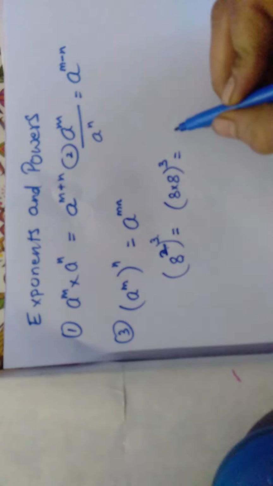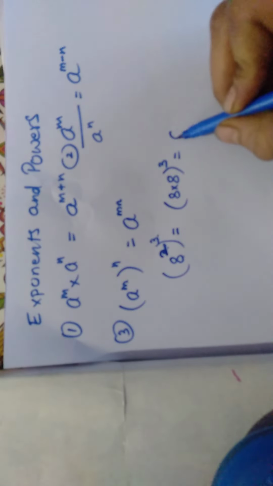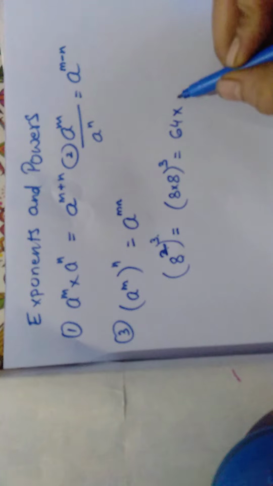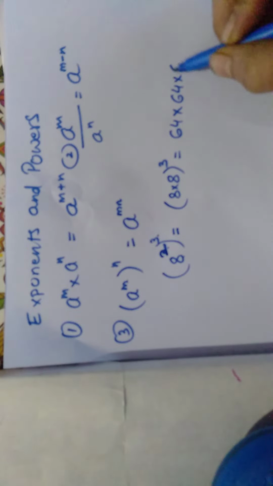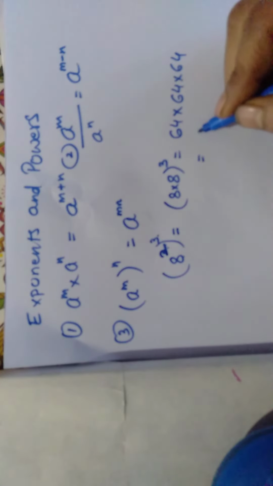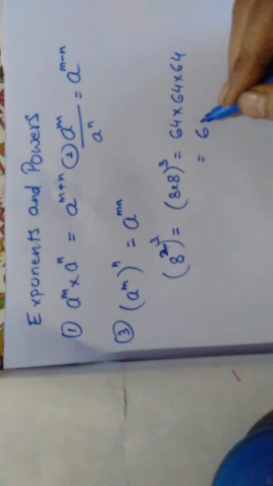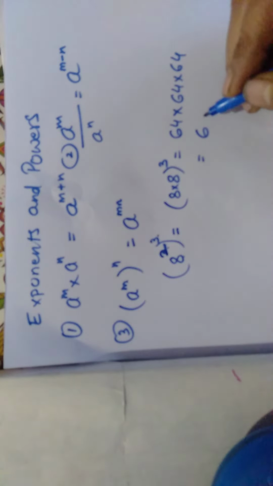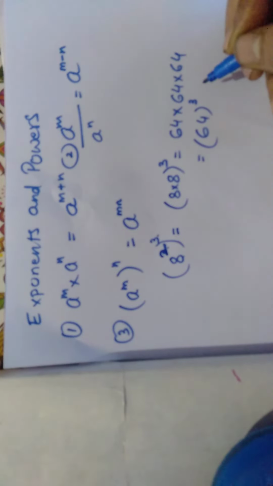So you can see that it is 64 into 64 into 64, and you can write this as 64 to the power 3.